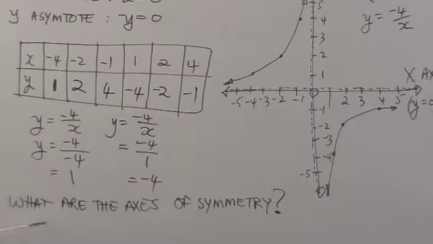Right. So I'm going to draw the axes of symmetry in dark blue and you'll be able to see it. Axis of symmetry means a line that divides the graph half and half.